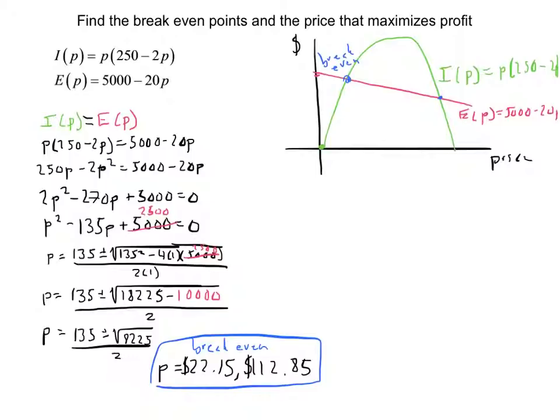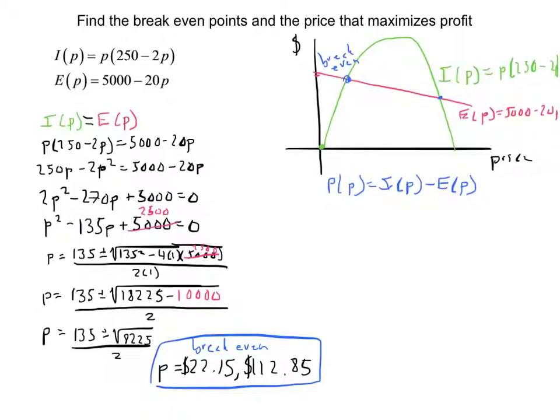Now the next thing, this one's kind of interesting, the price that maximizes profit. Given the symmetry of your parabola, this is going to be the price that maximizes income, but given your expense line that's sloping down, this is not going to be the price that maximizes profit. So, get a profit equation.